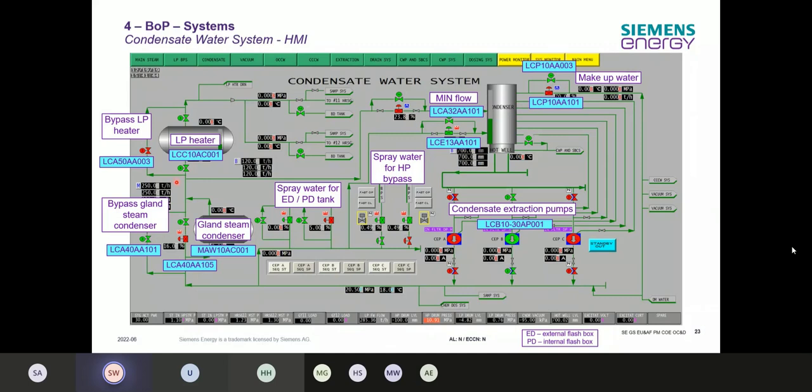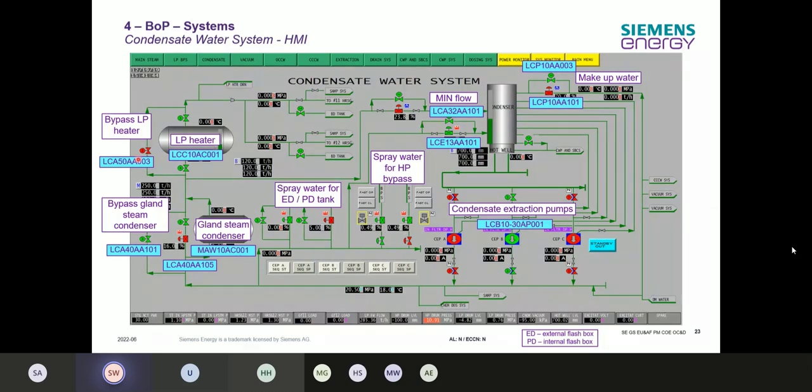So from there, getting over here, the MinFlow line again, and then we have the LP heater. So the LP heater is a preheater here for warming up the condensate.